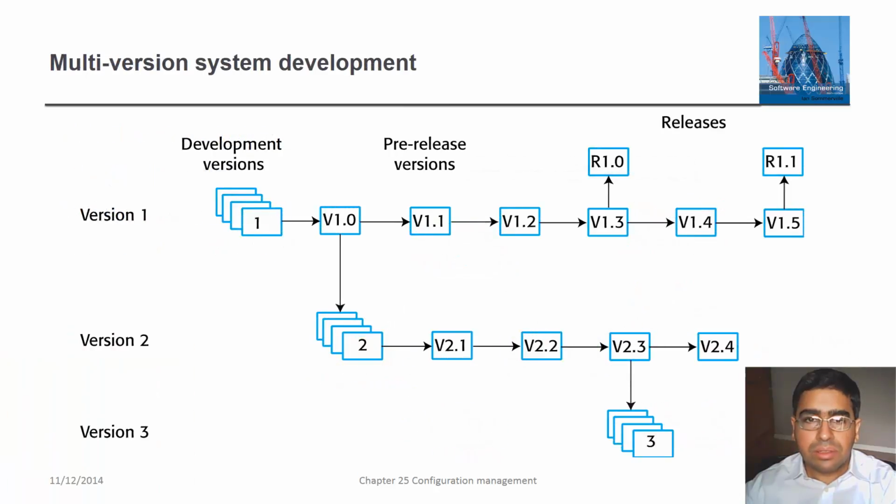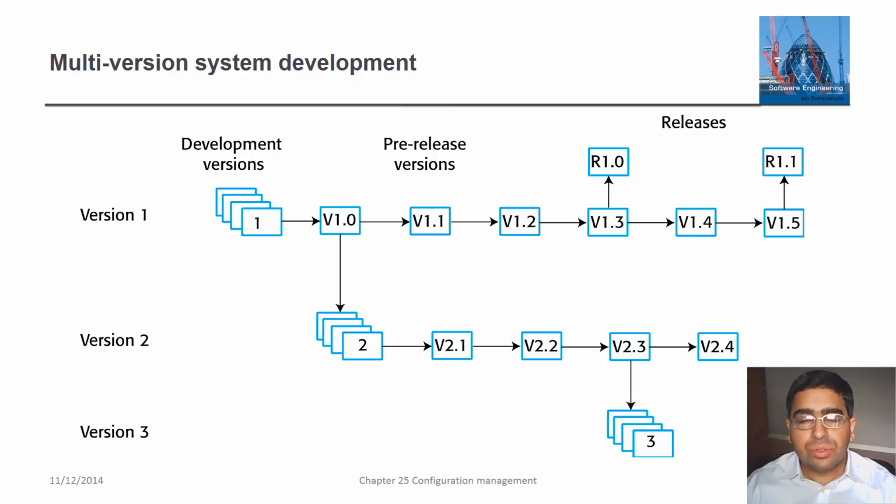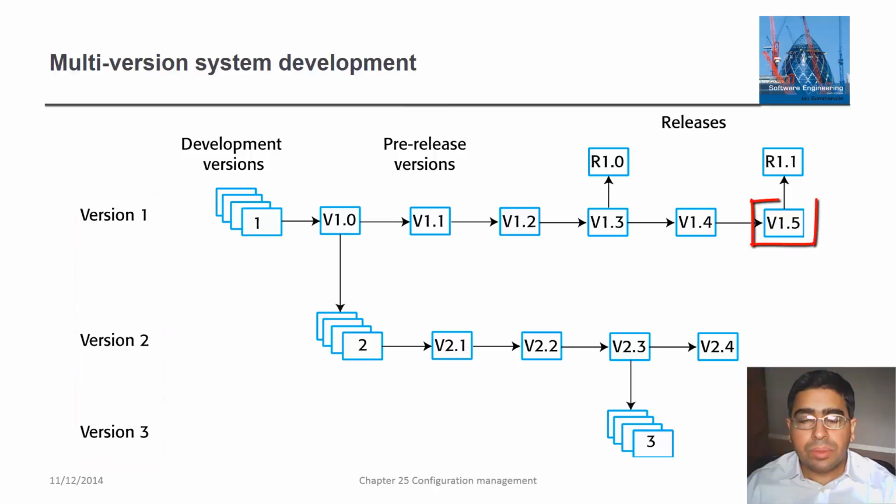For large systems, there is never just one working version of a system. This figure shows a situation where three versions of a system are being developed. Version 1.5 is being developed to repair bugs and improve performance of the first system release as the basis for the second system release, Release 1.1.